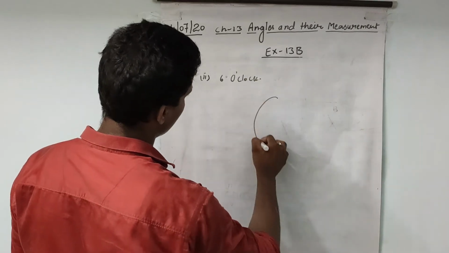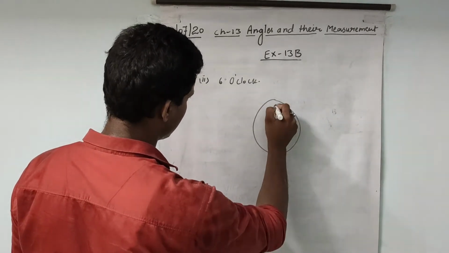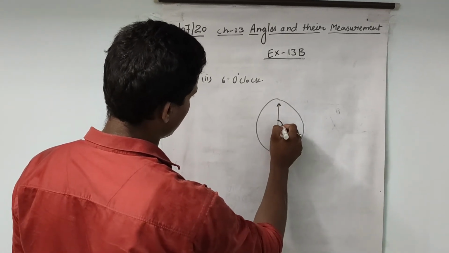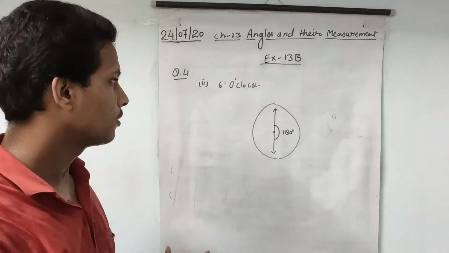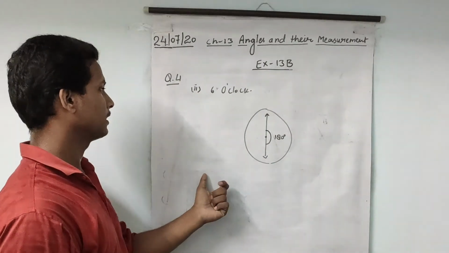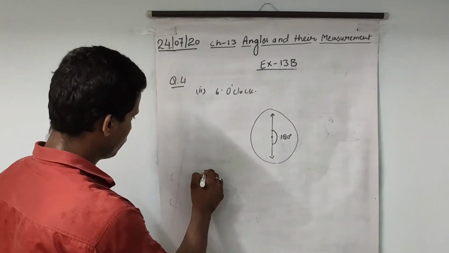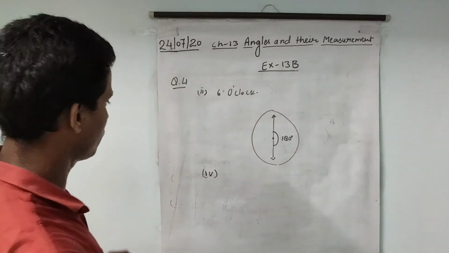Okay, so you will draw the clock like that and the 6 o'clock will be like this. So the angle, considered clockwise, is 180 degrees. You will draw the proper clock in your copy. I am not drawing the proper clock because the time is less. Okay, so 180 degrees.